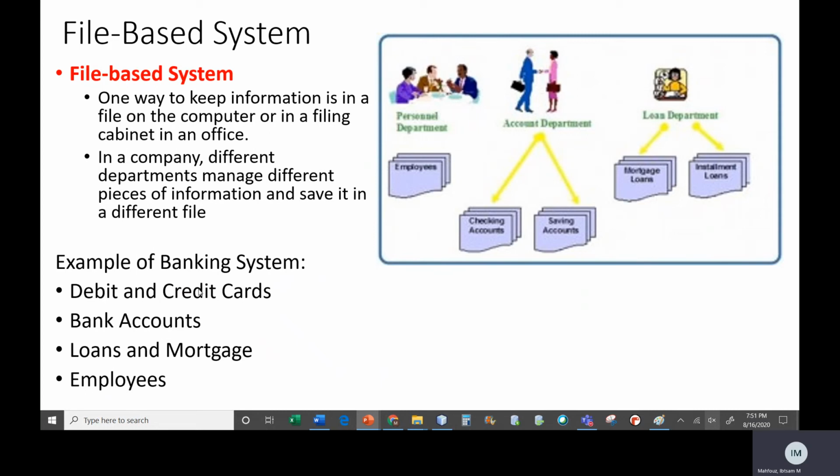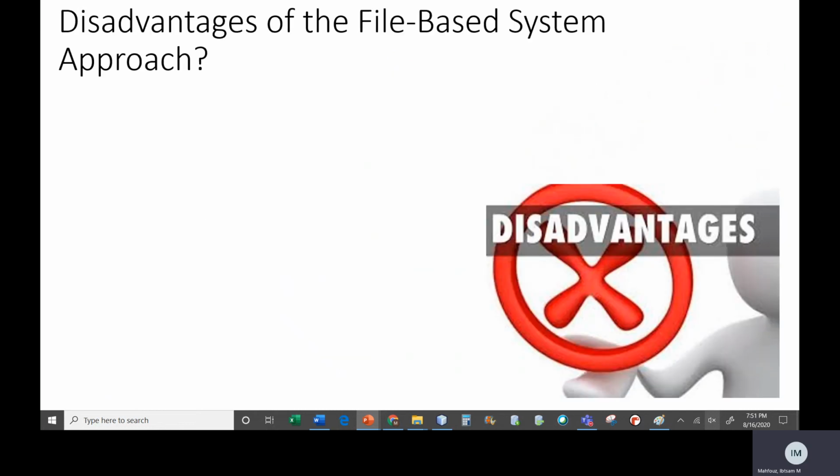Or I might be interested in their credit card because I will give them a credit card limit that depends on how much money they have in the bank account. So sometimes you have parts of the system that are independent, and sometimes you have parts of the system that depend on each other. And so it's a really complicated system.